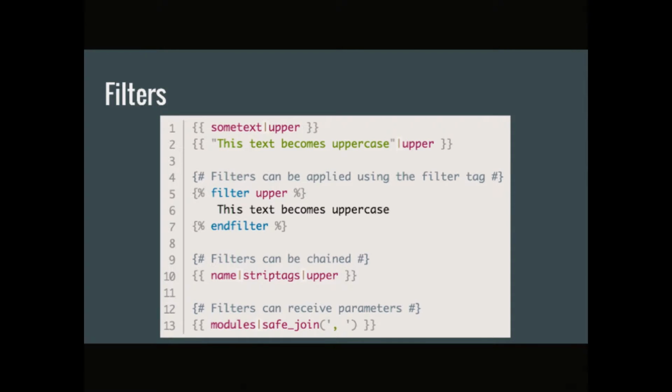For example, in line 13, we have a modules variable, which is an array, and we apply the safe join filter, which does this: what you pass as a parameter is going to be the separator between the values of the modules array. This talk doesn't focus on security, but safe join is specifically for Drupal. Twig has a join filter without the safe word, but for security purposes in Drupal, this is the recommended way to do it.